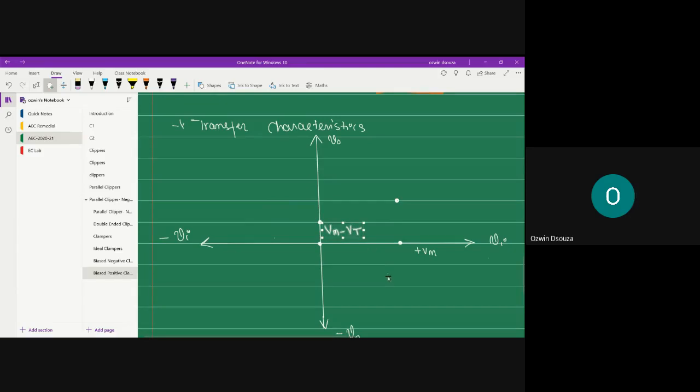So this is Vm minus Vt level, and 2 Vm minus Vt level I will show somewhere here.